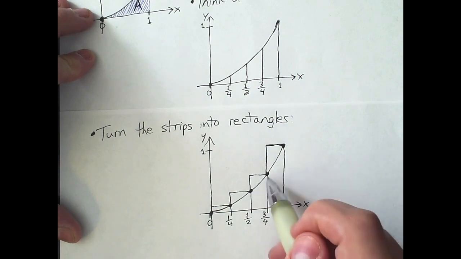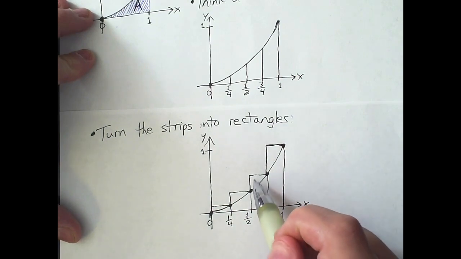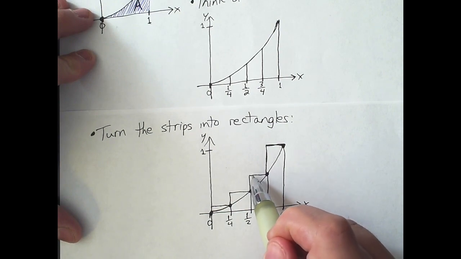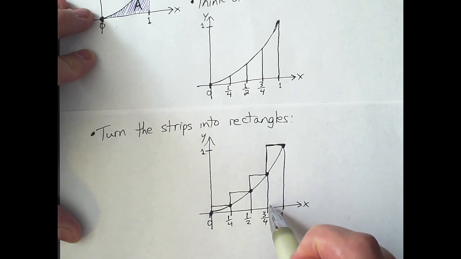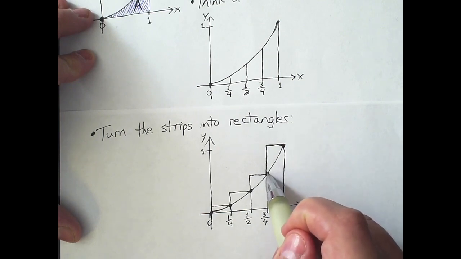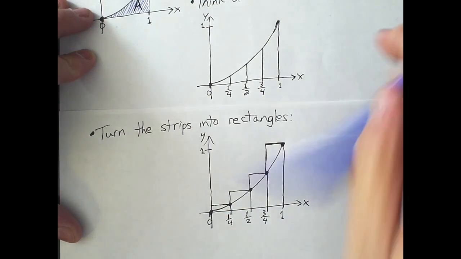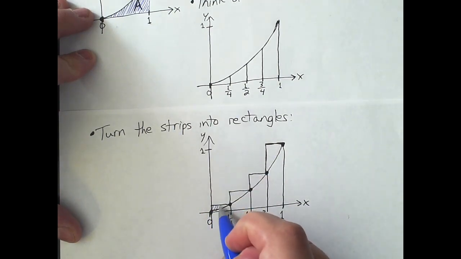So the third vertical strip has become the third rectangle, and the rectangle goes to a height of this dot. Well, that dot is where the function is when x is 3/4. I'm going to shade in these 4 rectangles.